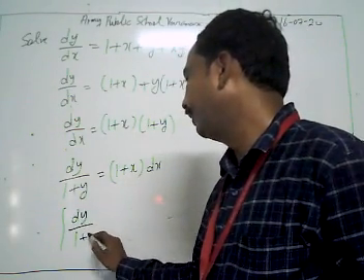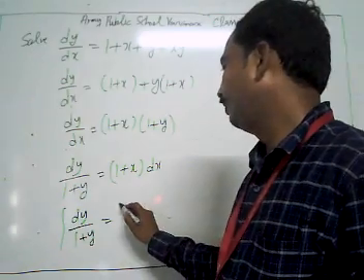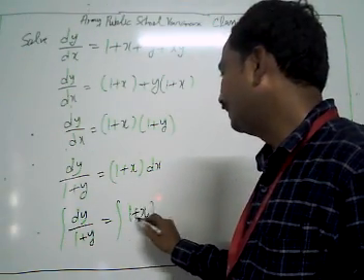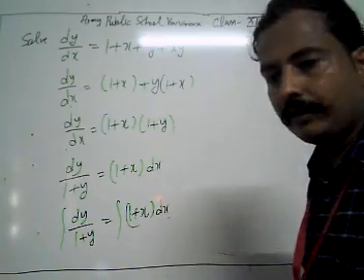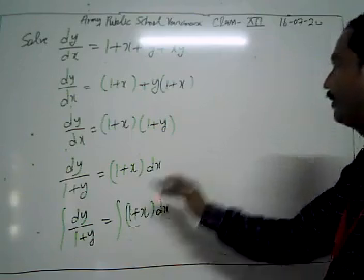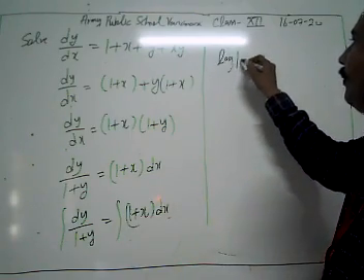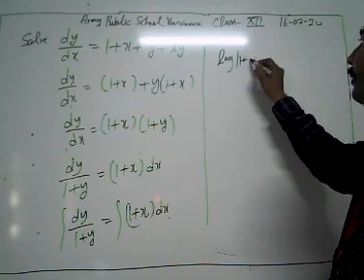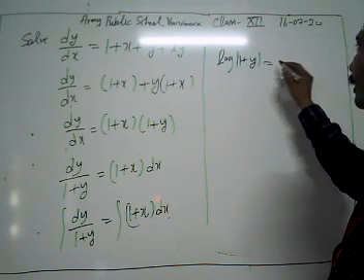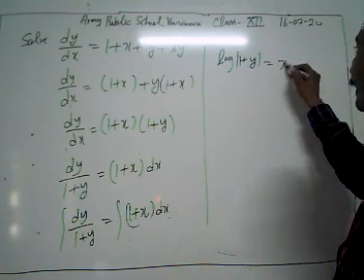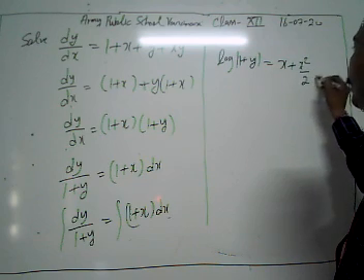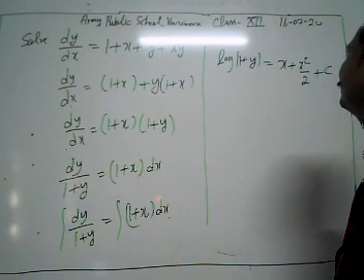Integrating both sides, dy by 1 plus y is equal to the integration of (1 plus x) dx. Now here we get log of 1 plus y, and on the right hand side we get x plus x square by 2 plus c.